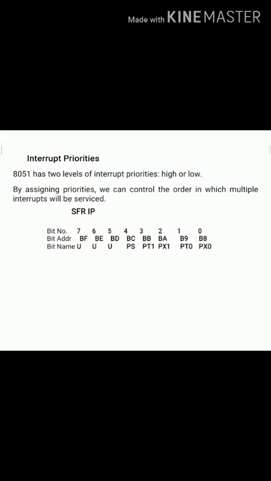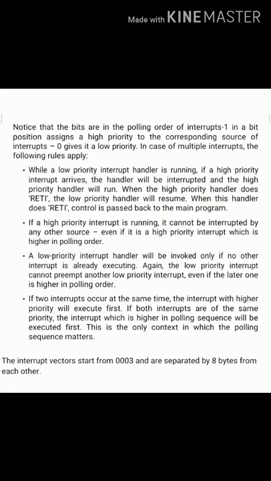When an interrupt is already being served, if another interrupt comes, what should happen? There lies the priority. If the already running interrupt is a high priority, and a low priority or equal priority interrupt comes, in both cases the current interrupt will not be stopped.